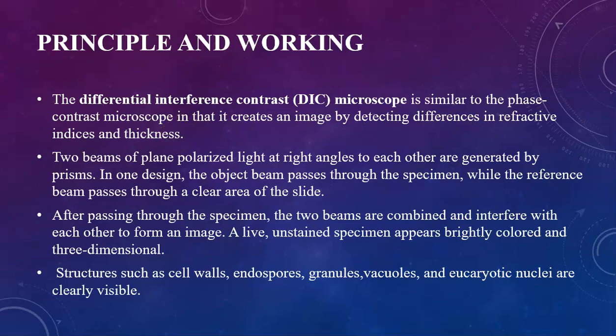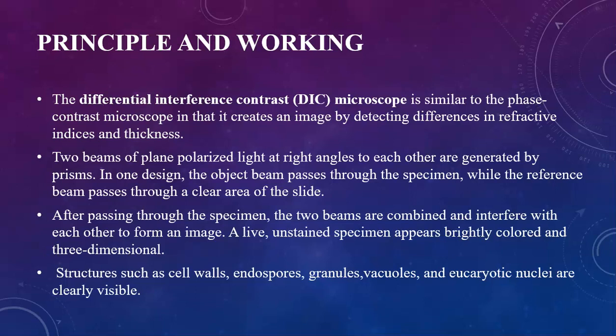Now dear learners, you should remember that the same basic principle was applicable for phase contrast also, where certain regions of a cell are thick, certain are thin, and they differ in their refractive index.